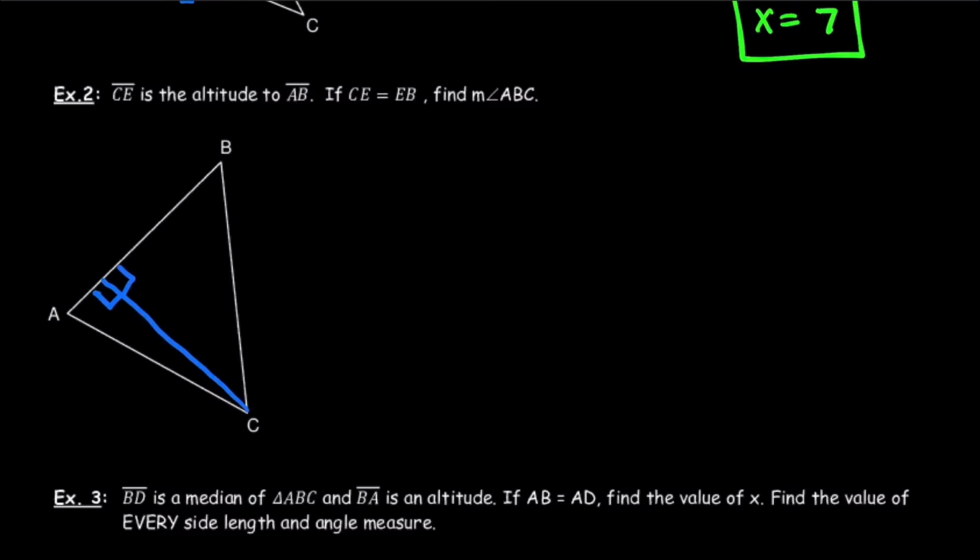And it wants us to name it CE. So this point right here is going to be E. And it also tells us CE equals EB. So I'll put some tick marks on that. This side here, EB, equals this side here, CE.